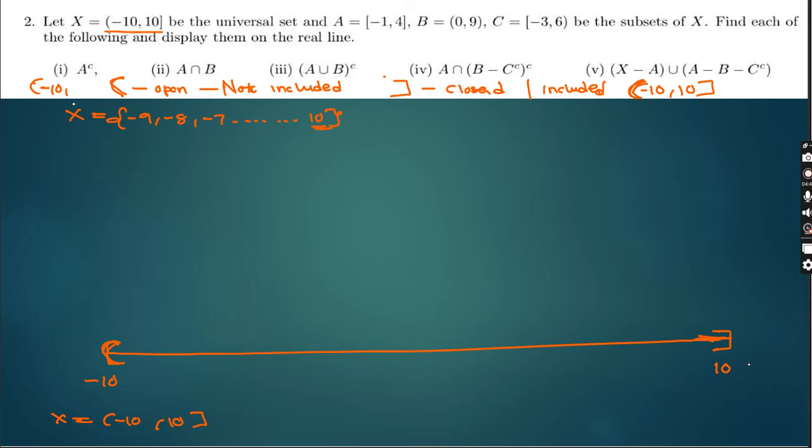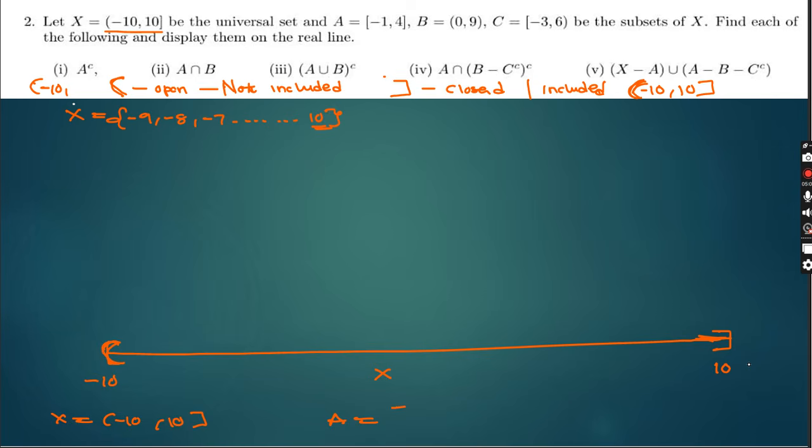You even name this to say this is our set x as the universal set. How are we going to find A complement? A complement, guys, is the set which is found when we remove A from the universal set. That's how we find the A complement. So we are going to remove A from the universal set.